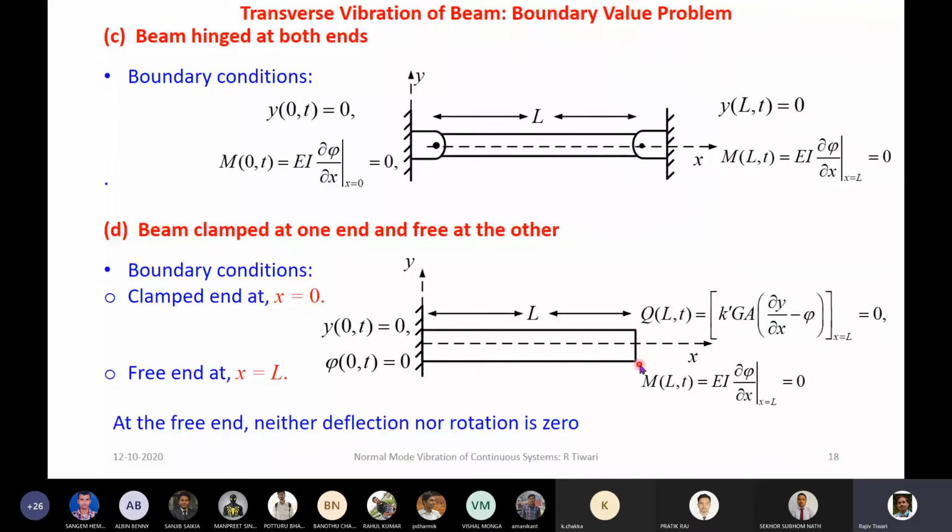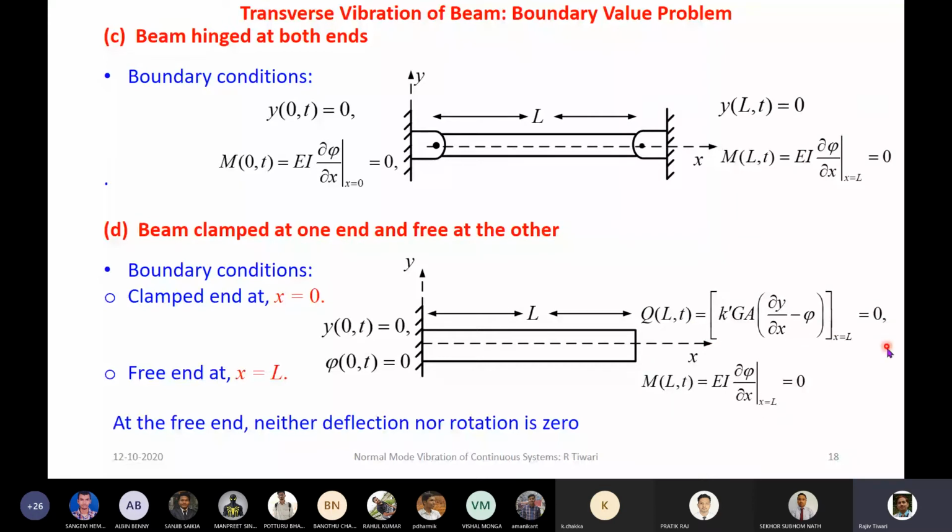So once it is freely moving up and down with changing slope, the bending moment will be 0, because the slope can change, and the shear force will be 0, because the displacement is also not 0. So when the free end is there, both the shear force and the bending moment are 0.